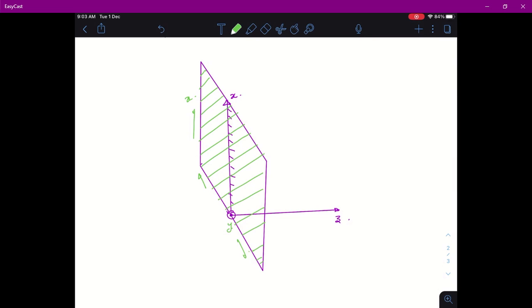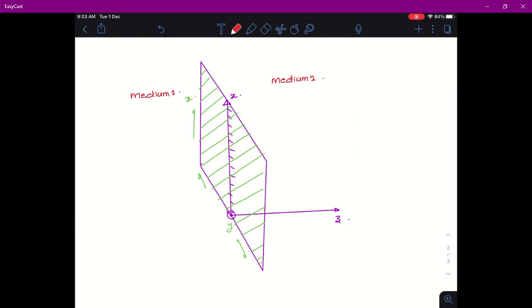So the plane is like this. On the right side of the plane you have one medium, let's say medium 2, and on the left side of the plane you have medium 1.